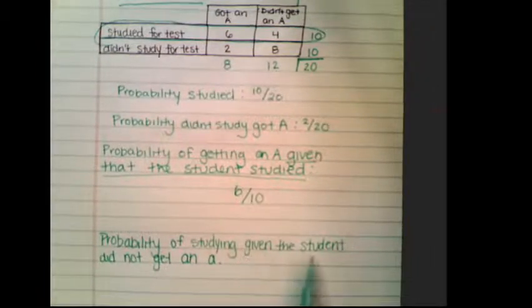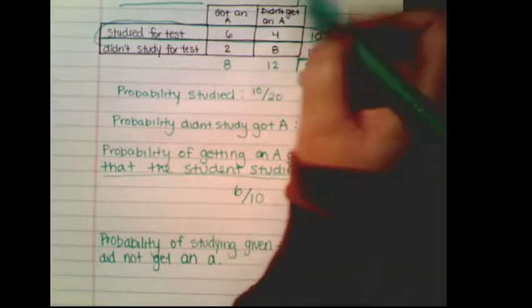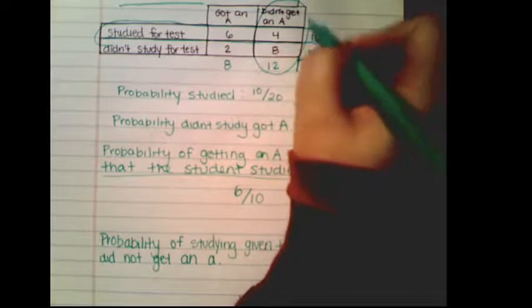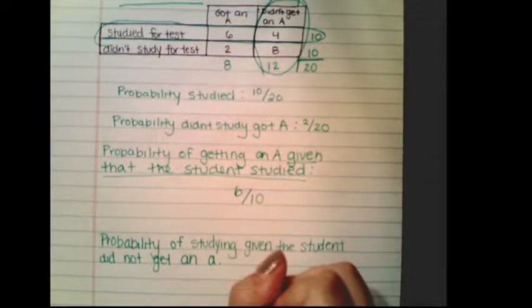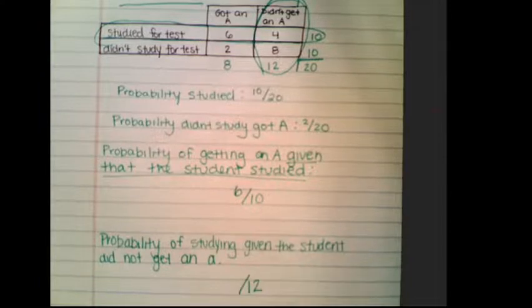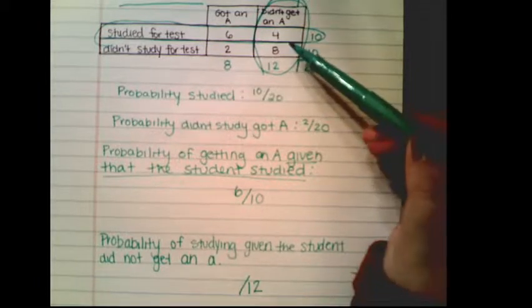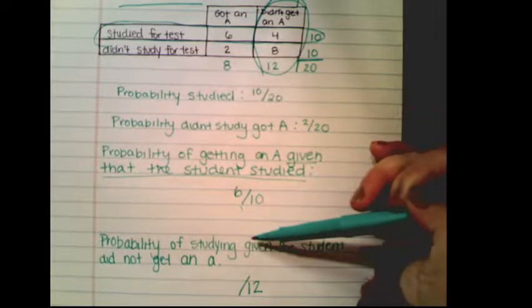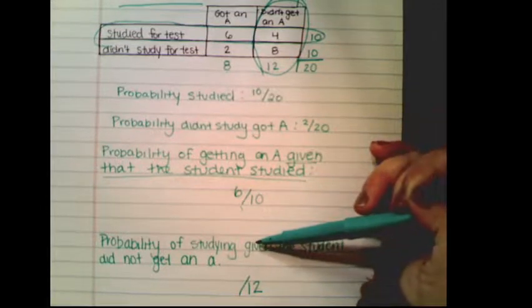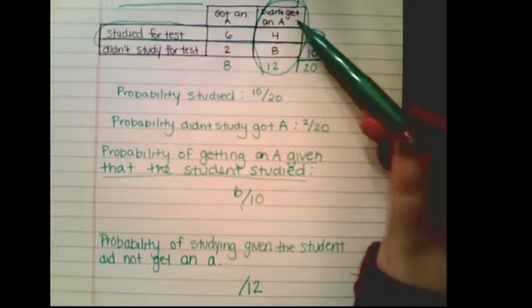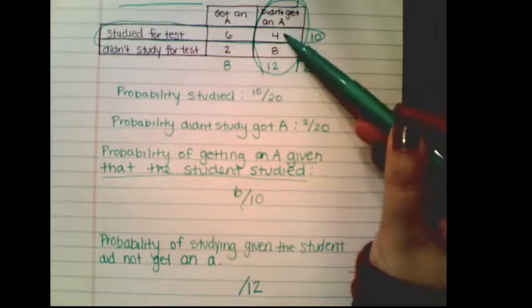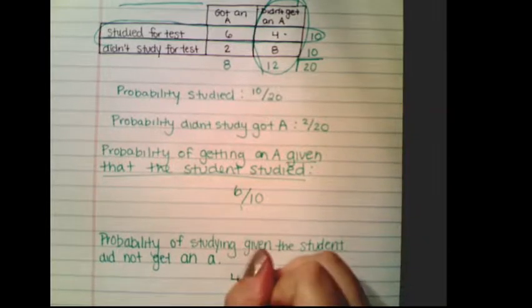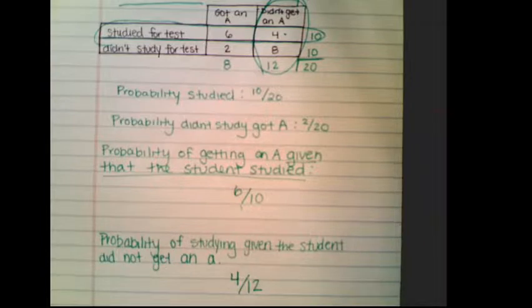So we are given that the student did not get an A. So we are looking at all of the students who did not get an A. So that means it is out of 12. And out of those 12 kids who did not get A's, we want to know the probability that they studied for the test. So out of those 12 students, 4 of them have actually studied for the test.